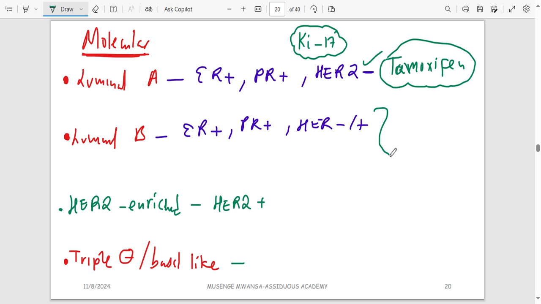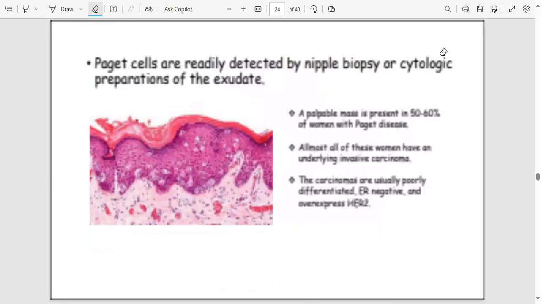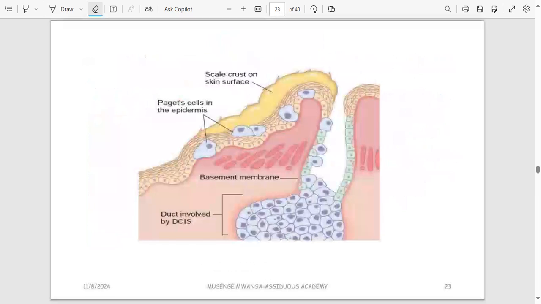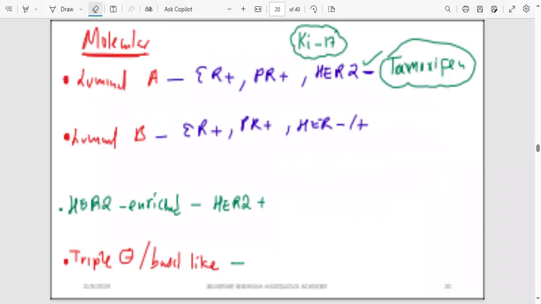For the rest of these cancers, they have Ki-67 greater than 14%, meaning that they have a high amount. So that is what is going to even more differentiate Luminal A from Luminal B, the Ki-67. And that marks the end of these cancers.